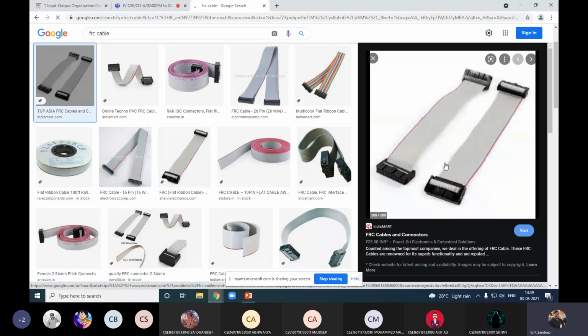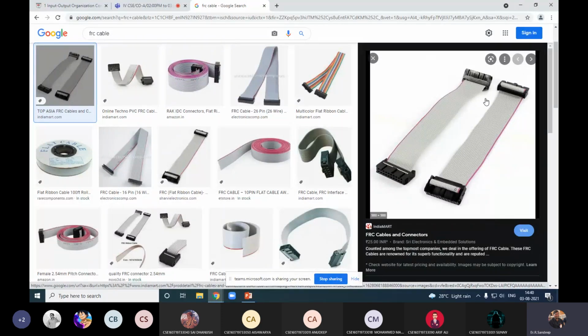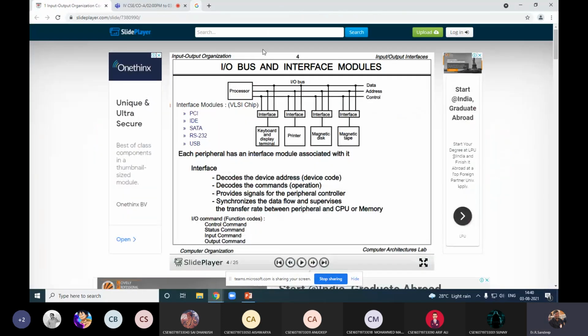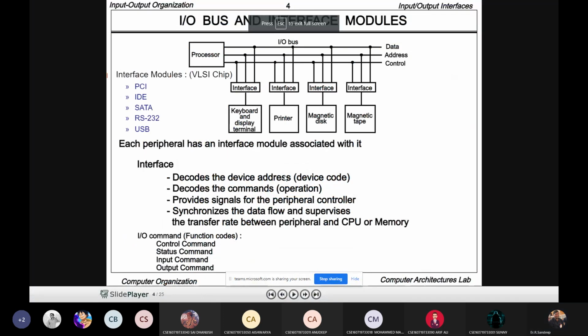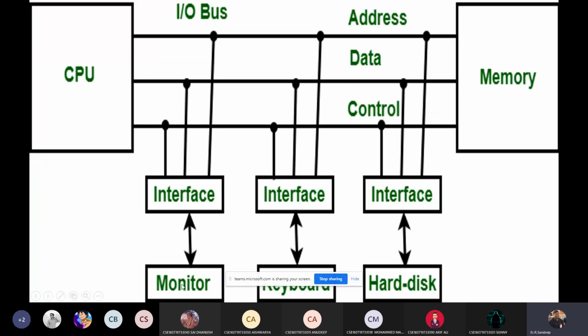There is a communication channel which is used for connecting various kinds of devices. This kind of cable we are calling a flat ribbon cable, which is possible for connecting the devices. So this communication path will act as an interface. By this communication path, all the devices will communicate with the help of the microprocessor.